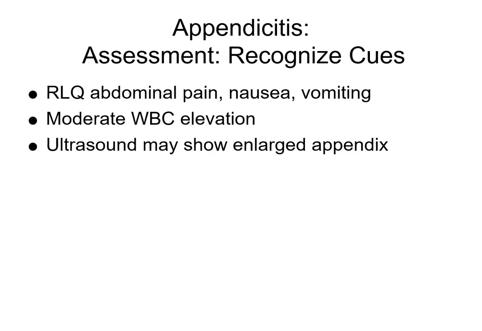Okay, so that's one way of determining if someone has findings for appendicitis: the palpation of the abdomen, where the pain is elicited, and then you're going to be looking at the lab. One important study is the ultrasound, because the ultrasound will show that enlarged appendix.